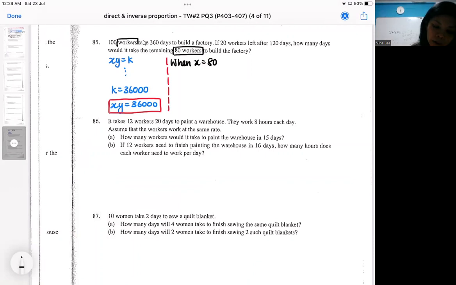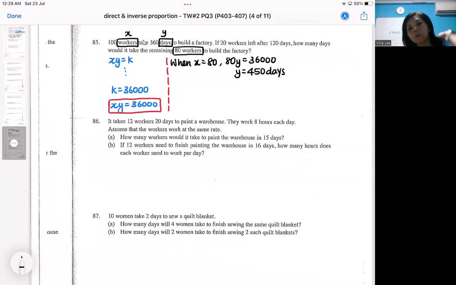Just now our X is the number of workers, and days is the Y. Put it into the equation and you will get a nice number. This one is the number of days. So by right, when you only have 80 workers, you will take 450 days.